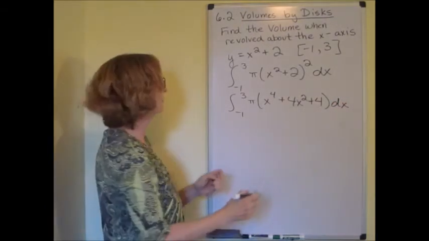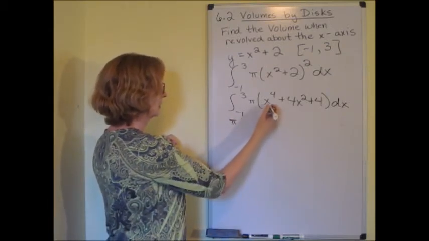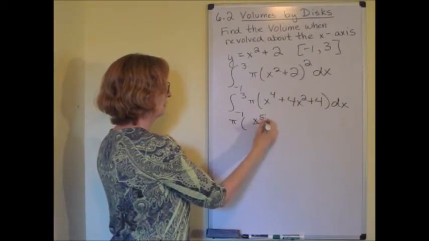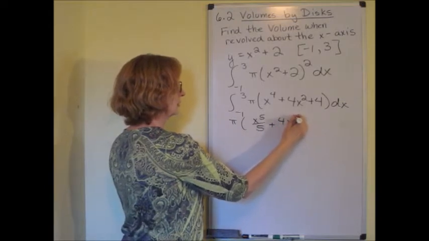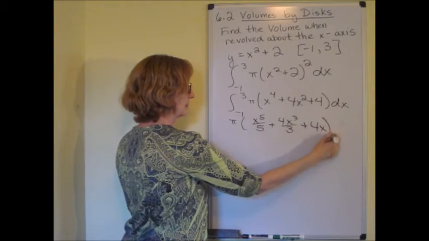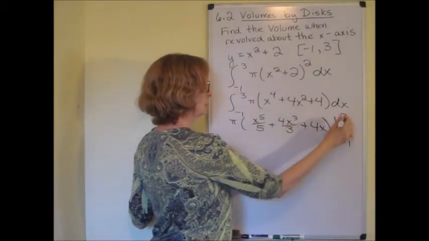And now we can integrate. So I have pi. When I take that integral, that's going to be x to the 5th over 5 plus 4x cubed over 3 plus 4x. And again, we're going from -1 to +3.